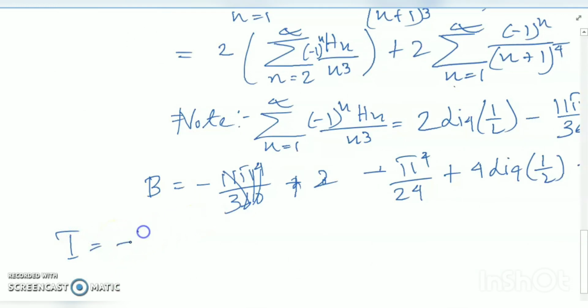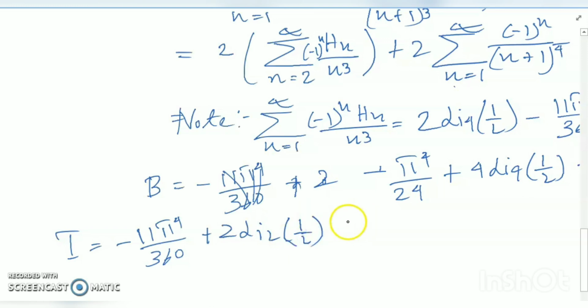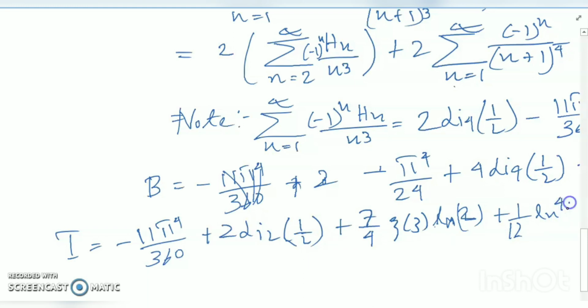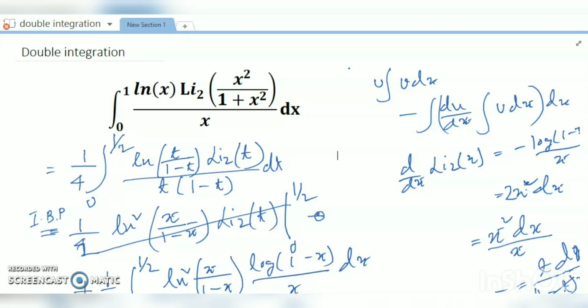I can be written minus 11 pi to the power 4 by 360 plus 2 li plus 7 by 4 zeta 3 ln 2, ln 2, ln square 2. Okay, so friends, please check total work.